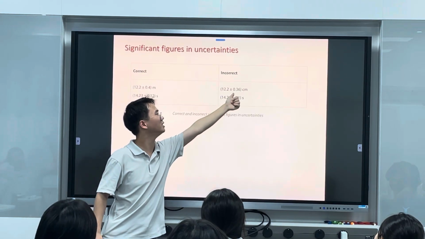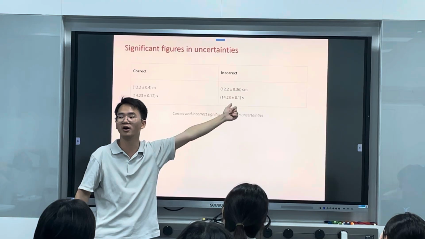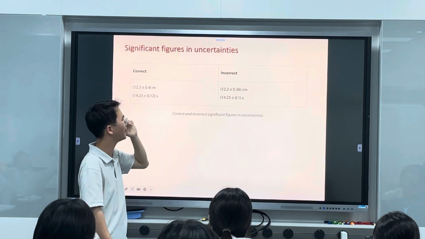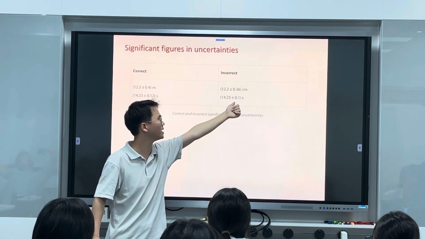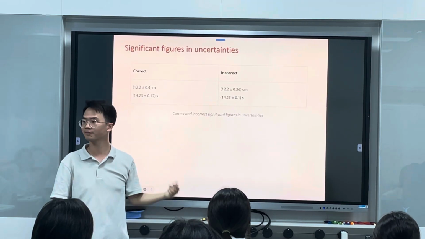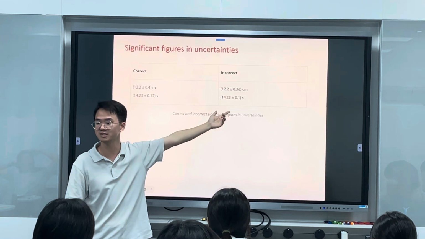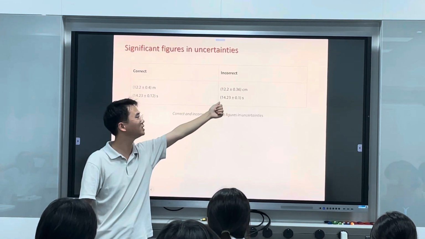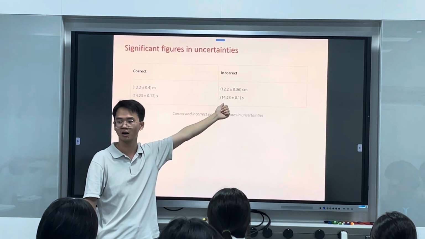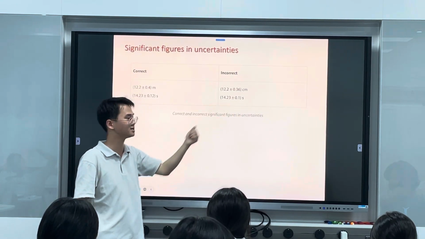And second of all, 0.36 should be reported as 0.4. Okay. Then why is this one wrong? It has one significant figure. Still, the level of preciseness does not match, right? This one is precise to the 100th place. This one is only precise to the 10th place.